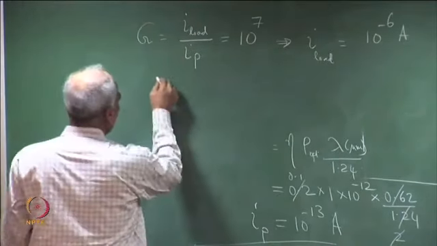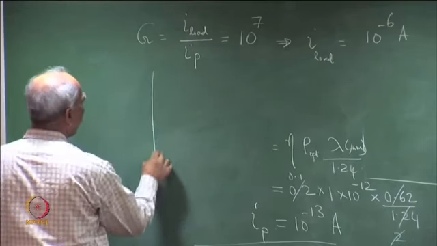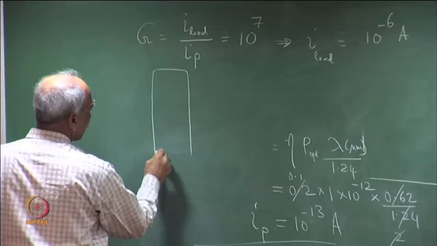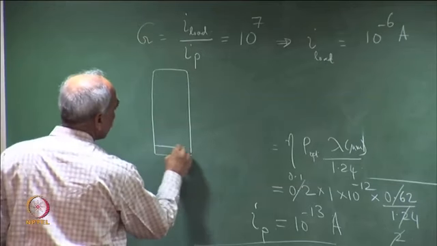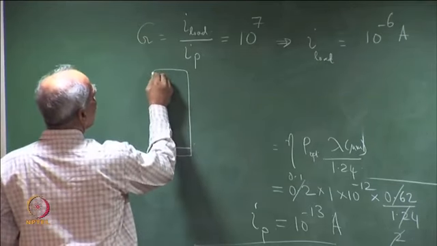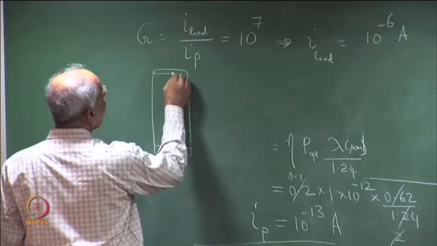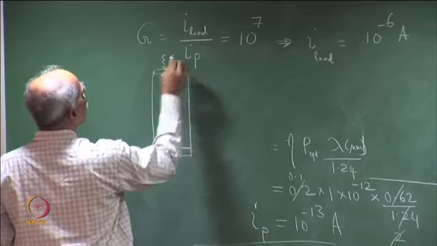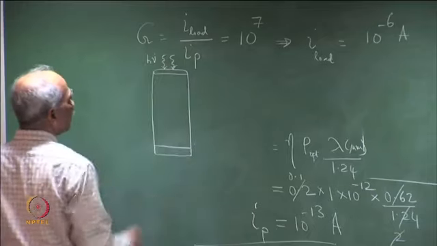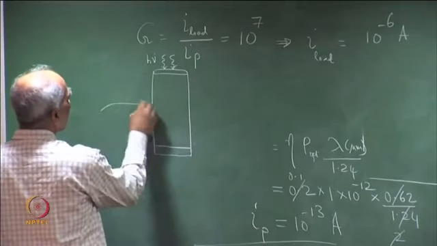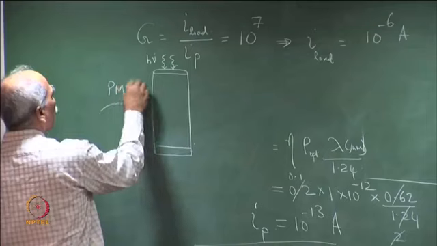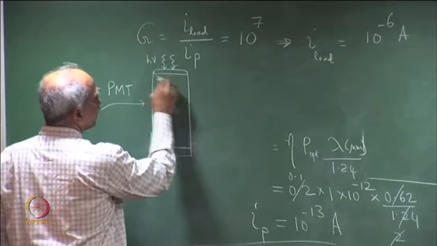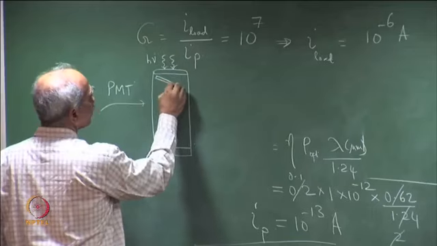Recall that we have a tube; the PMT normally looks like this. There is a tube and a window at the top for photons to be incident. So these are the incident photons, and this is the schematic of a PMT. As soon as they are incident, there is the photocathode here.